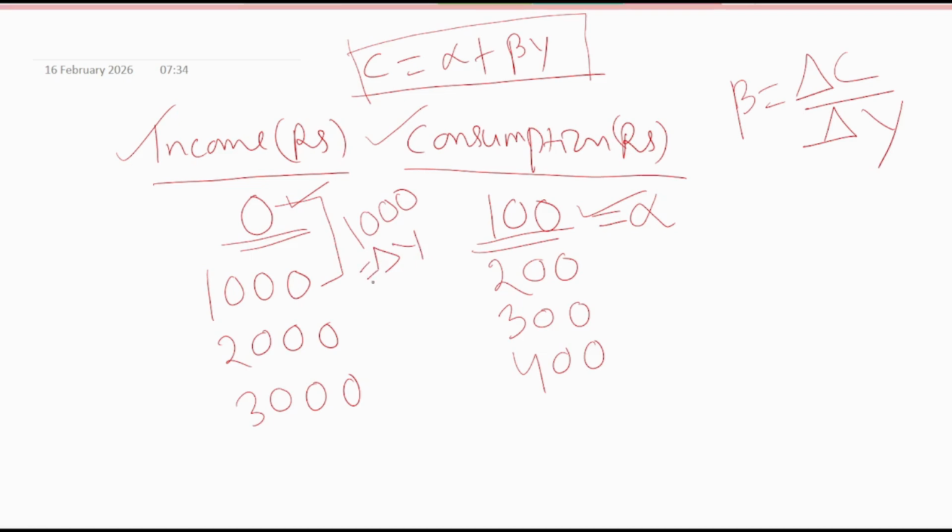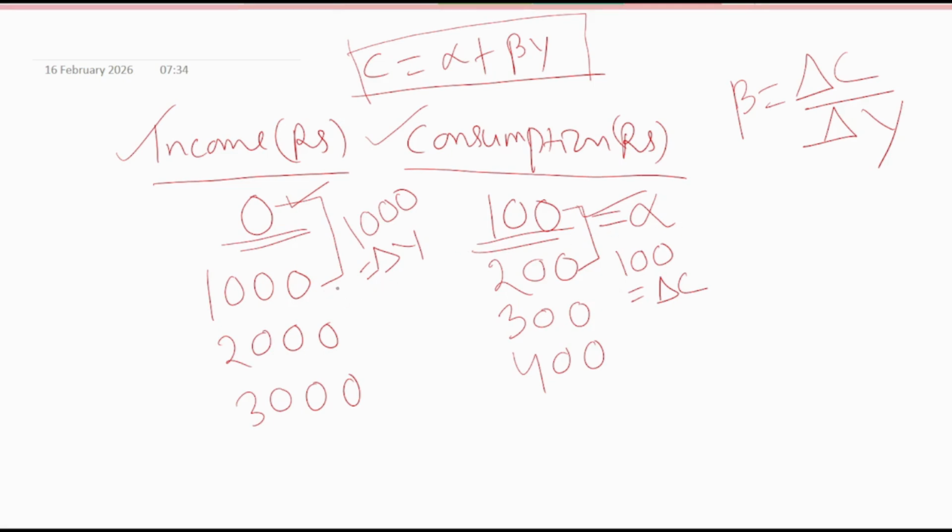Then how much consumption increased? Consumption increased from 100 to 200. That means consumption increased by 100, which is called delta C. Okay, so as income increased by 1000, consumption increased by 100.